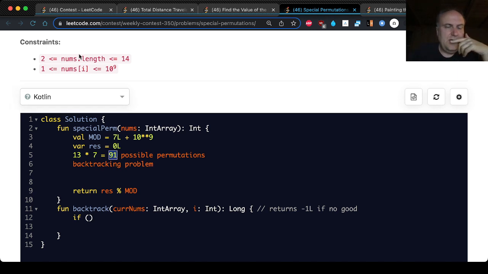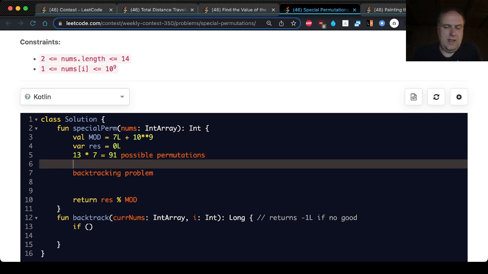Maybe it's 10 to the power of 14. That's more likely. Or like 9.